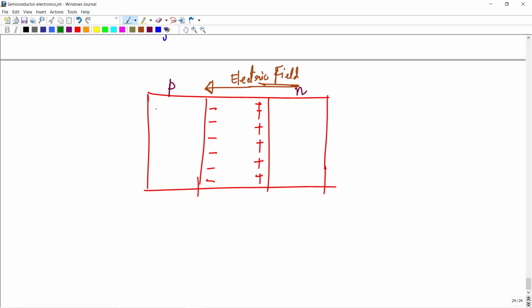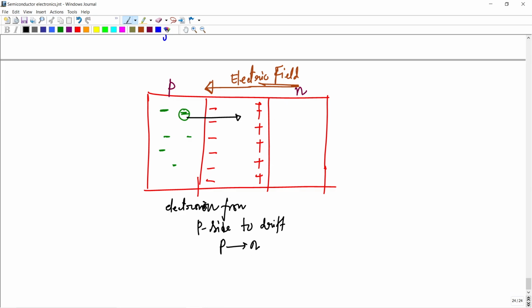The minority carrier electron in p type moves in the opposite direction of the electric field. So here we see that the electron from the p side drifts to the n side due to that electric field, due to the space charge region, which creates some electric field.